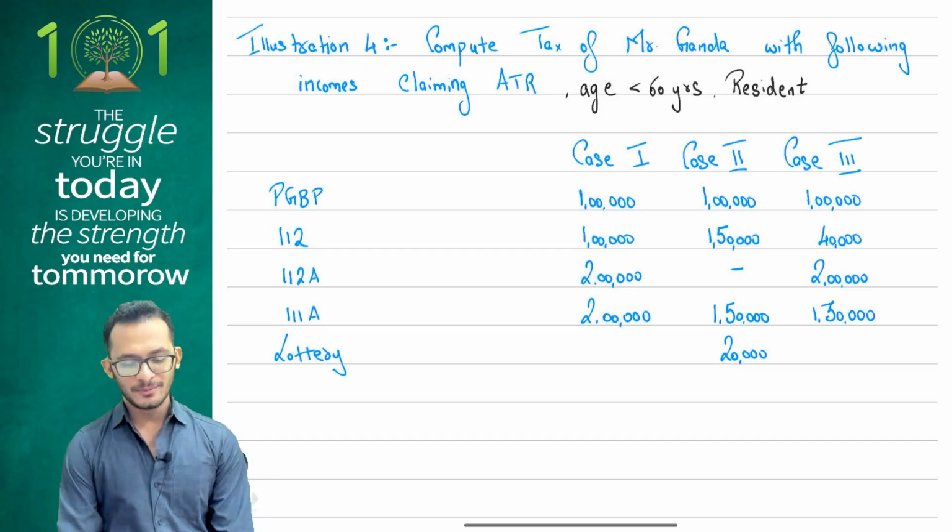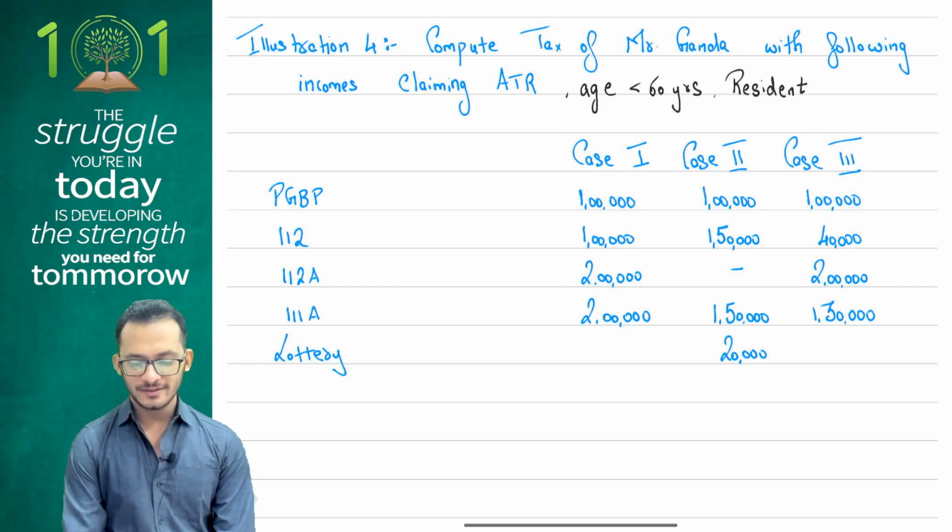Yes, I'm looking at case number 1, people. Case number 1 is where I have a PGBP income of 1 lakh, 112 is 1 lakh, 112A is 2 lakh, 111A is 2 lakh. That's my question.